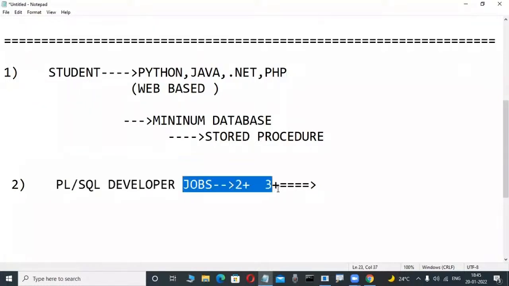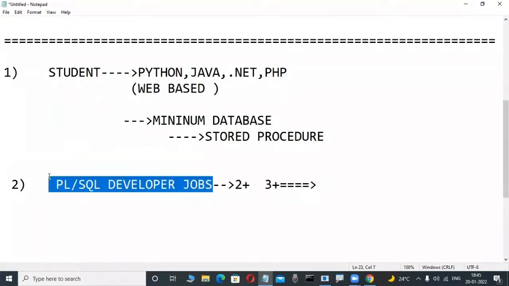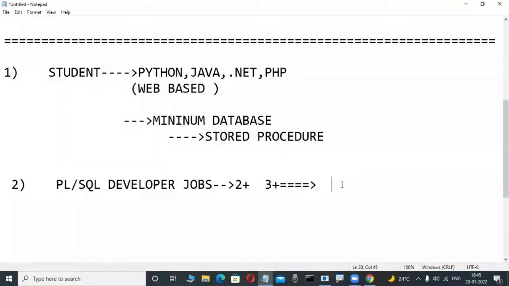These persons are struggling in their job search, and they learn PLSQL thoroughly from me. I teach in-depth knowledge of concepts, and I know what is asked in the interview. Those persons apply for PLSQL developer jobs. So many people learn this course.